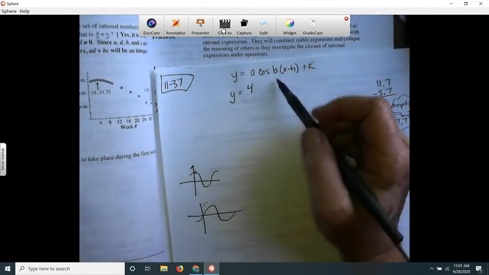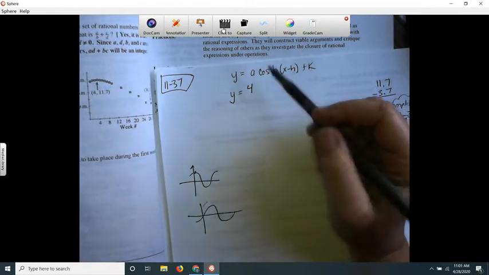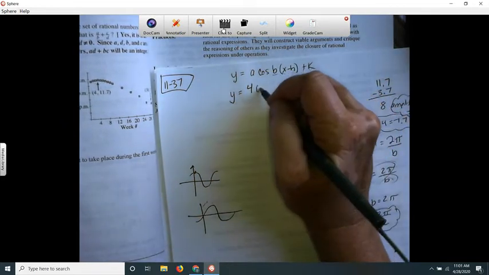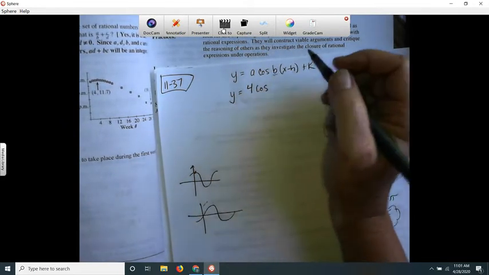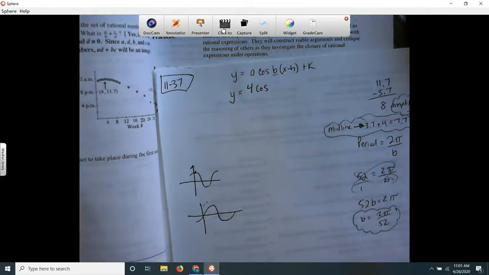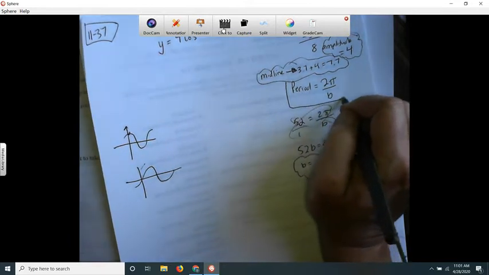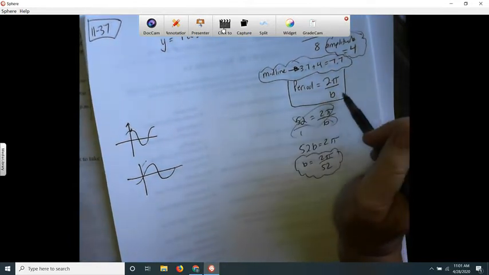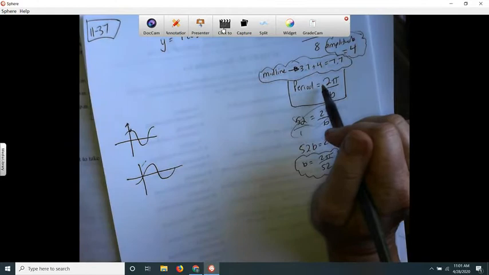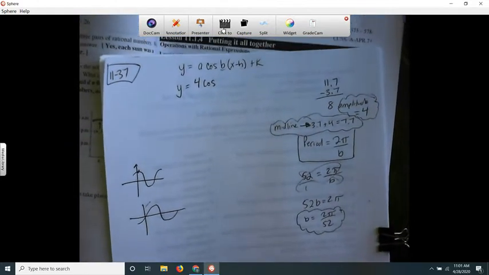We've got this B here. I just have it memorized that the period is 2 pi over B. You can look that up in a math notes box if you want to. So I'm going to try to figure out what the period is.